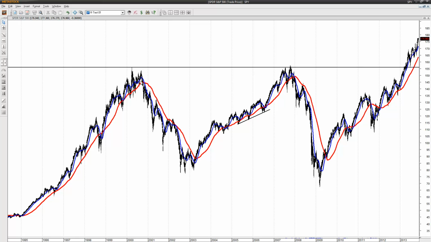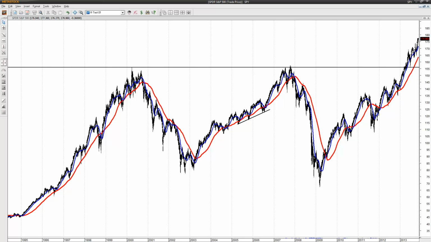You can also use, in my opinion the most used moving average, the 200 daily moving average, and that will also come up as a resistance line. You can see example of it here, up here, here, and so on. And it's not only on this chart. This is the SPY, the S&P 500 tracking ETF.